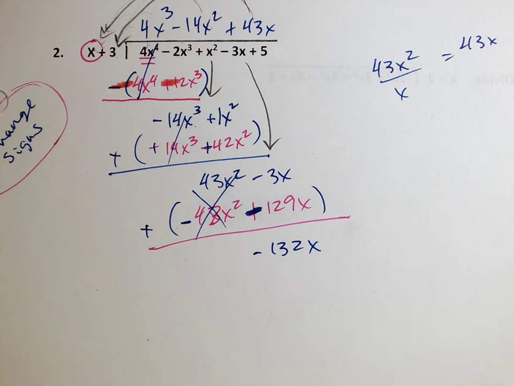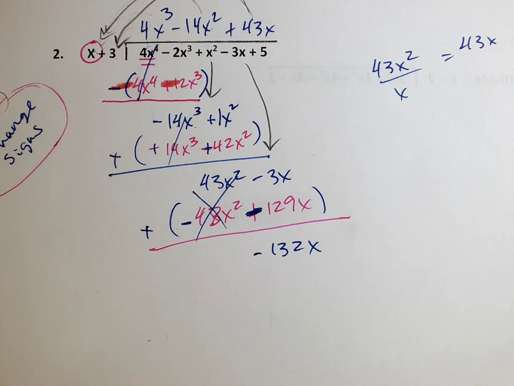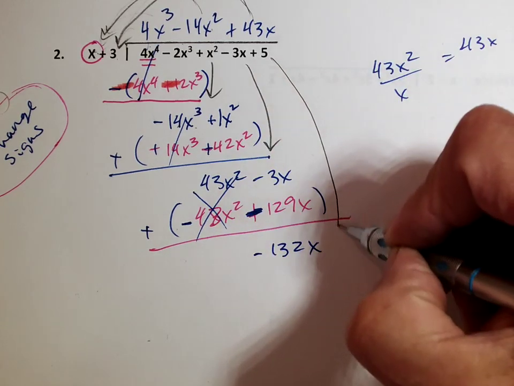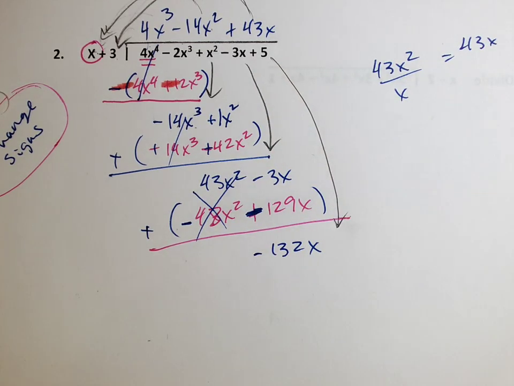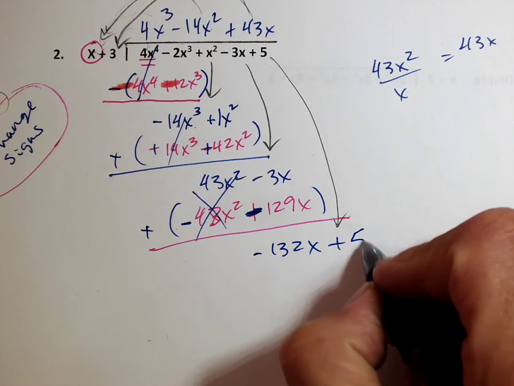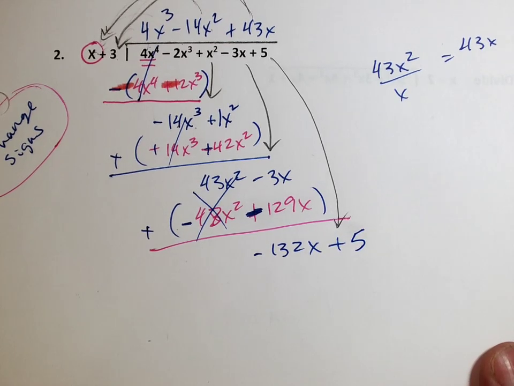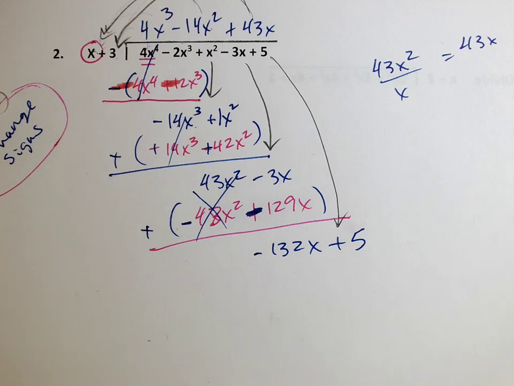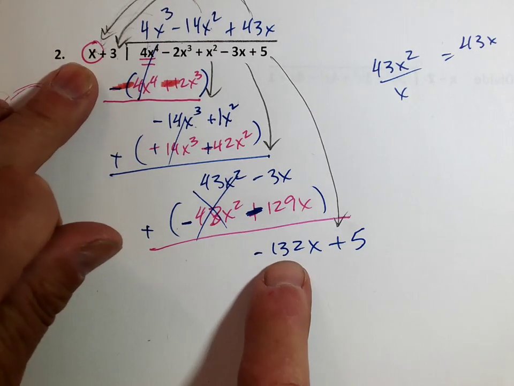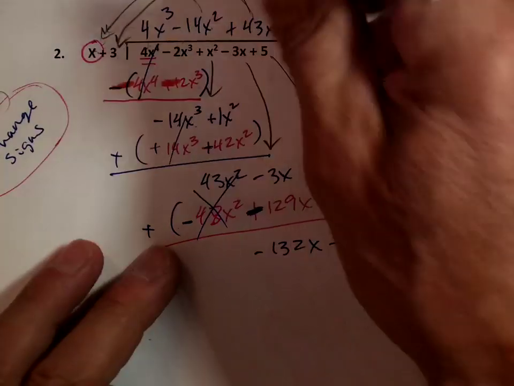Almost done. Okay. We bring down the next term. Bring down our 5. We're almost done. We really are almost done. Now, let me erase all this, so we're going to divide again, right?